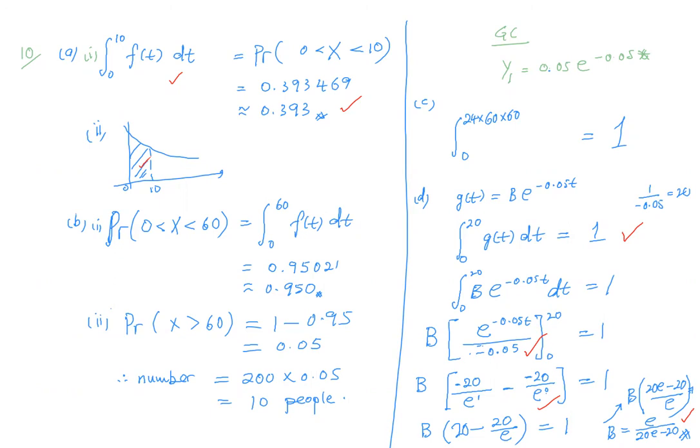Next part, they say on the axis on page 8, sketch the graph of y equal to g(x). So you sketch the g(x). The g(x) should be a bit higher up, am I right?